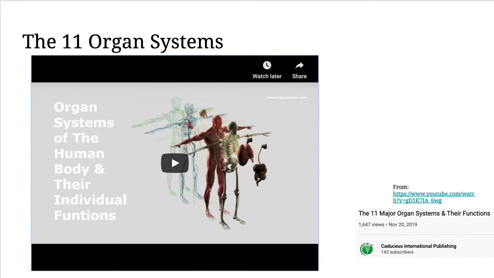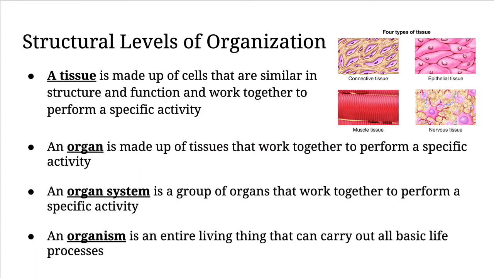All right, so you saw the 11 systems. Again, we are going to go through a lot of them during this course. Some of them, like the endocrine system, we cover in Anatomy 2, and then some are repeated in that course as well. So if we go back to where we left off, once we have those 11 organ systems working together, that's going to make up our entire body, or an entire living organism, which in this case would be a human.